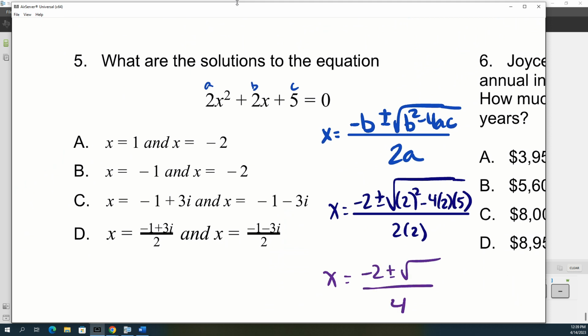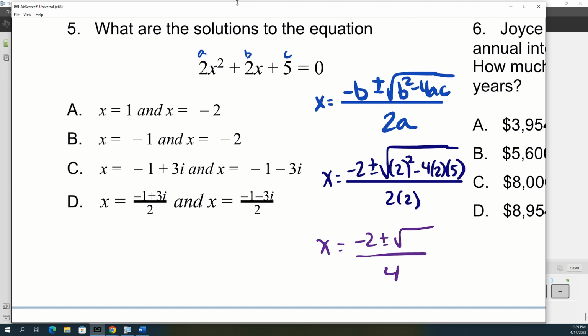Now, we didn't put this whole problem in the calculator at one time. What we would just do is take what's underneath the square root and just put that in. So 2 squared minus 4 times 2 times 5.